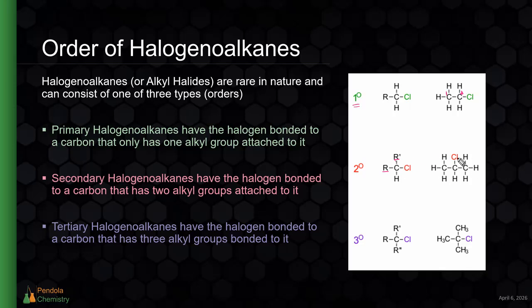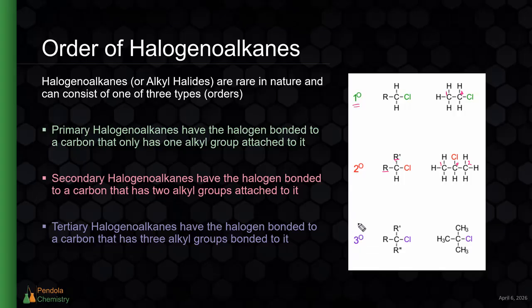So here we have 2-chloropropane. 2-chloropropane will be an example of a secondary halogenoalkane because the carbon that the halogen, in this case chlorine, is attached to has 2 other alkyl groups or carbon chains attached to it.